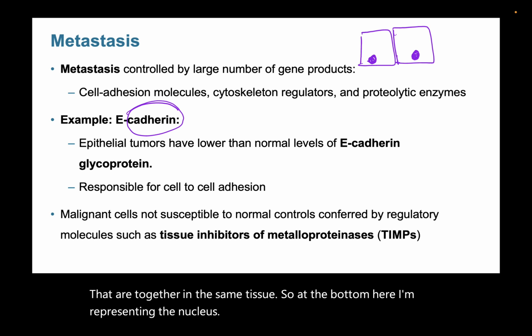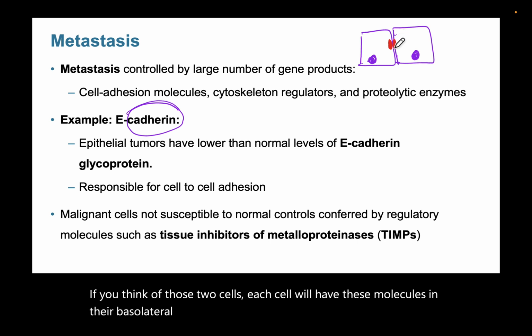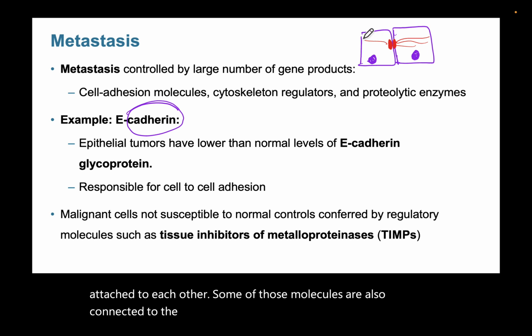Each cell will have these molecules in their basolateral membrane, and those molecules will keep them attached to each other. Some of those molecules are also connected to the cytoskeleton of the cells. Okay, so that all keeps the integrity of the tissue.